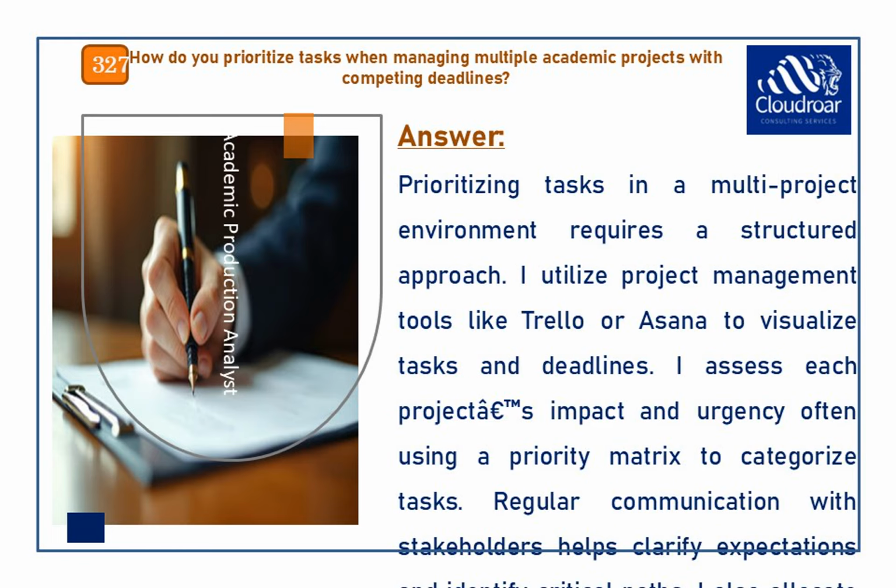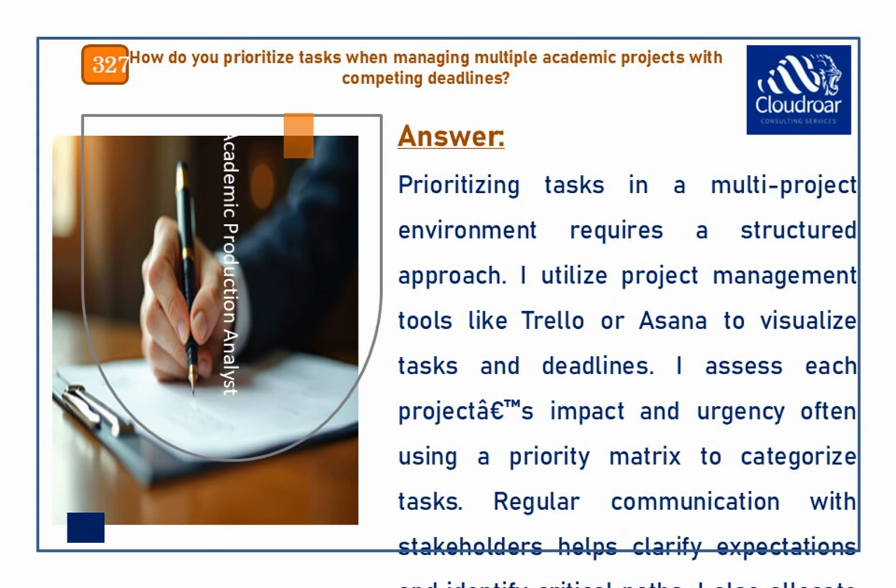Question 327. How do you prioritize tasks when managing multiple academic projects with competing deadlines? Prioritizing tasks in a multi-project environment requires a structured approach. I utilize project management tools like Trello or Asana to visualize tasks and deadlines.